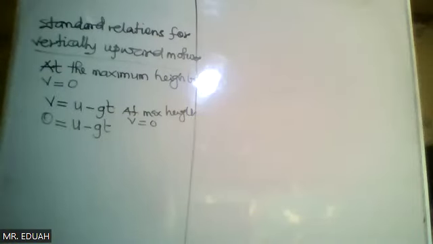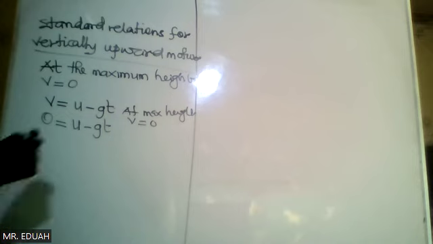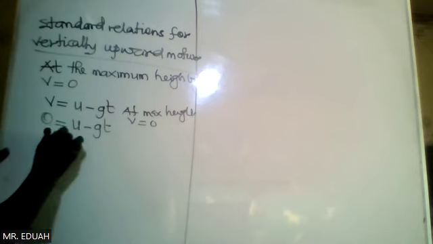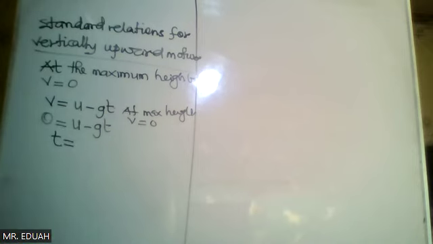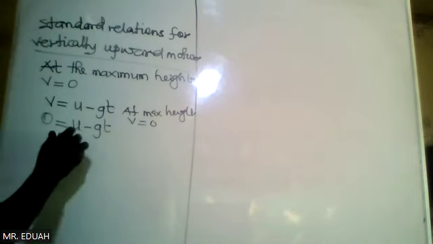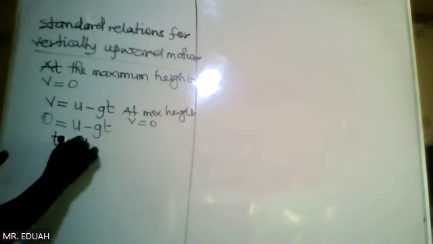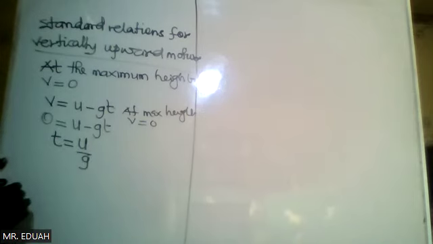I said make t the subject. Okay. Then please, it's going to be this order. t will be equal to u over g. So t is equal to u over g.